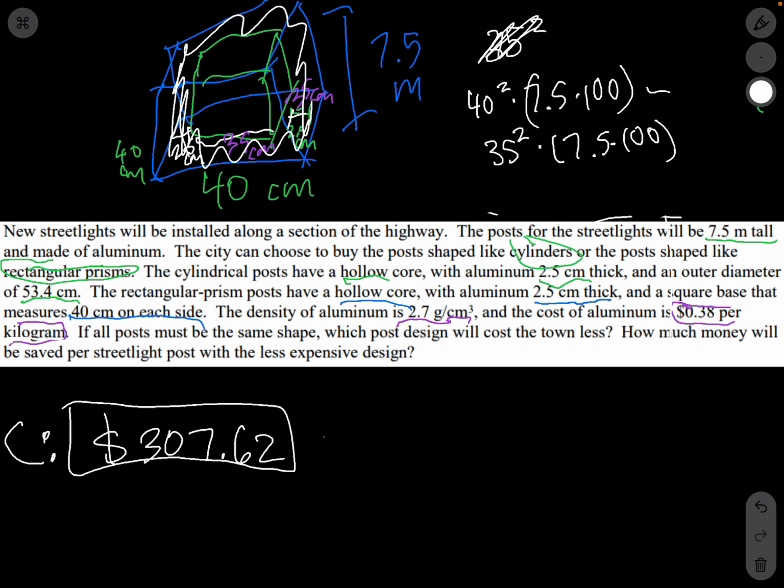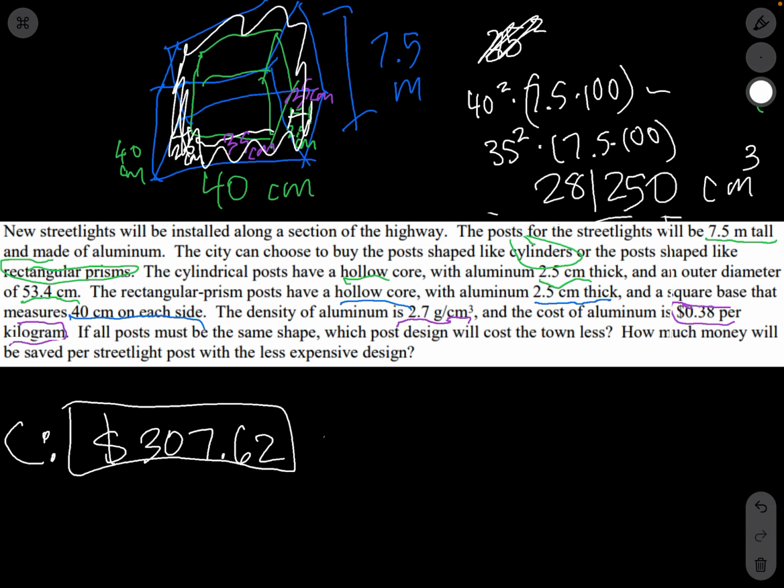Entering this in the calculator, you get 40 squared times 750 minus 35 squared times 750, and you get 281,250 cubic centimeters.